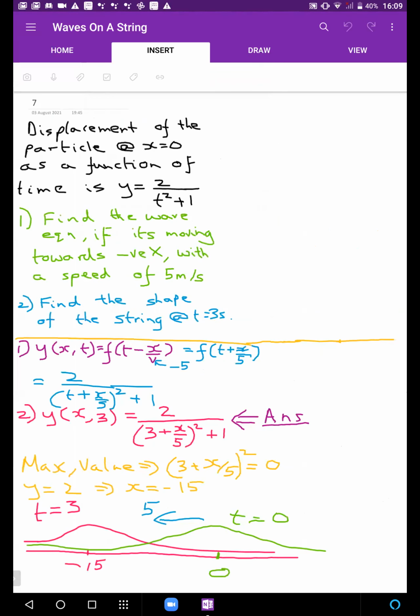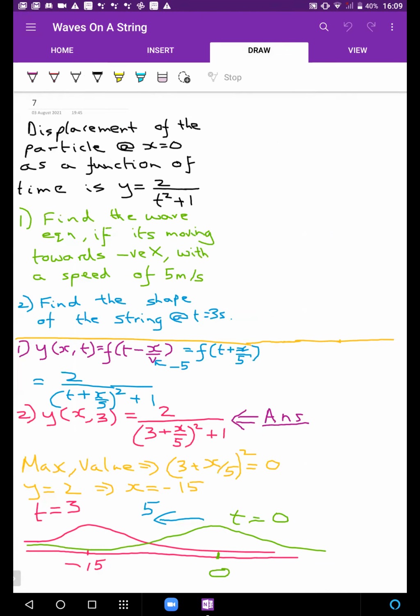So you can have questions like we did in class, where y as a function of t is given at x equal to 0, and they can ask how the wave equation will be formed from this. And they also tell you the velocity. So basically, if it's moving towards negative x, in f of t, wherever there is t, put t plus x by v in place of t, and if it's going towards positive x, put t minus x by v. Okay.